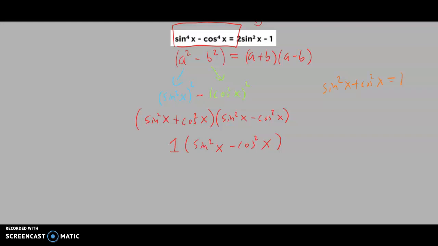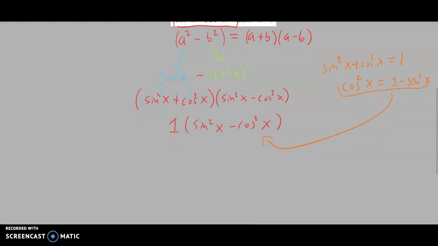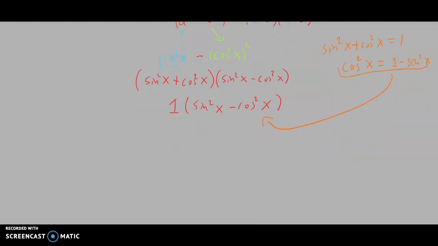So if I rewrite this, I'm just going to subtract sine squared x from both sides, that cosine squared x is equal to 1 minus sine squared x. Right, so this is also true. And so I'm going to substitute that in for cosine squared here.